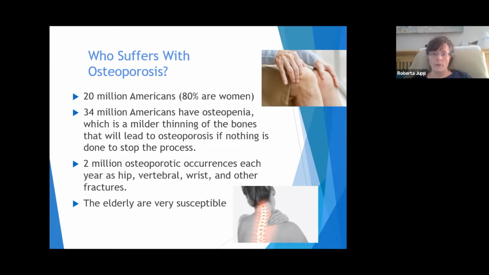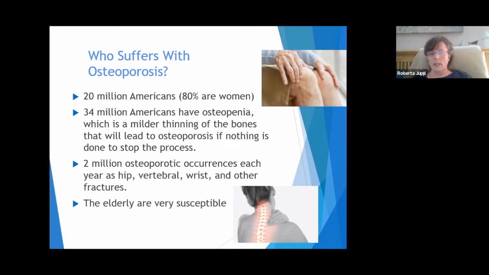If they don't do something about it, they will convert to type 2, usually in the future. There are over 2 million osteoporotic occurrences each year, as hip fractures, spine fractures, wrist fractures, and other ones. And the elderly are very, very susceptible to this.